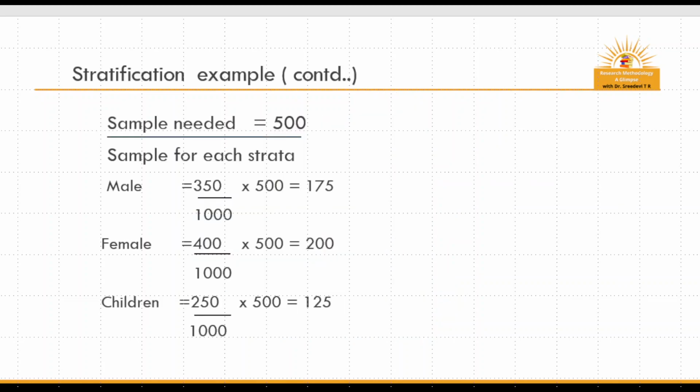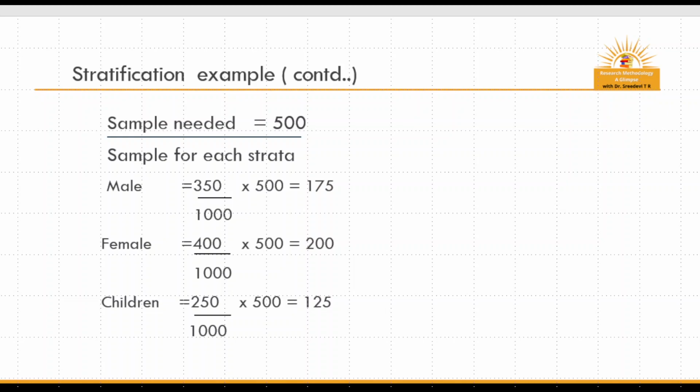For that, the sample needed is 500. Sample for each stratum: for the male population, it is 350 divided by the total population, times the sample needed 500. So that is 175. In the same way, female is calculated as 200 and children 125. So the total sample is 500, of which male, female and children are proportionally taken from the population.